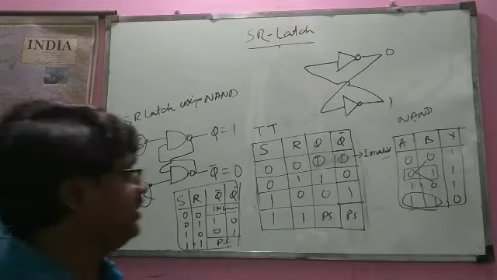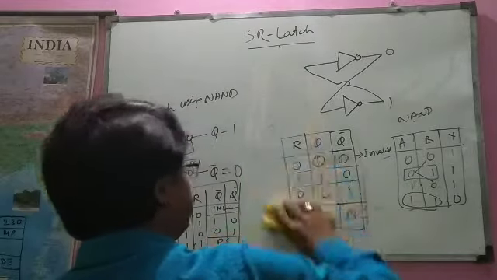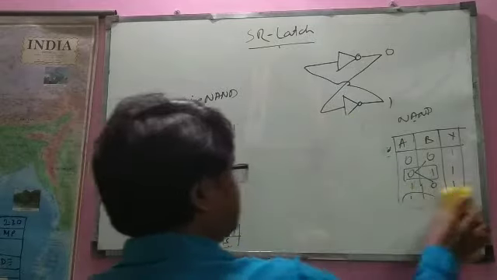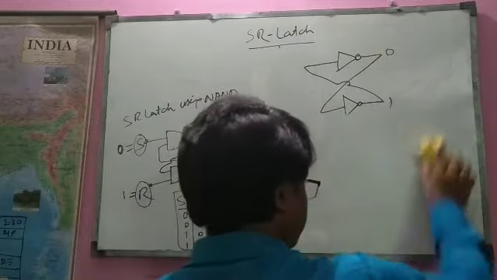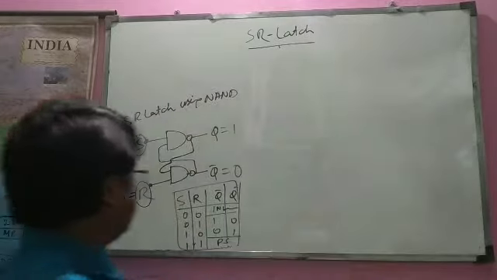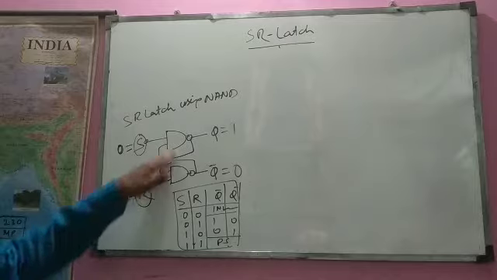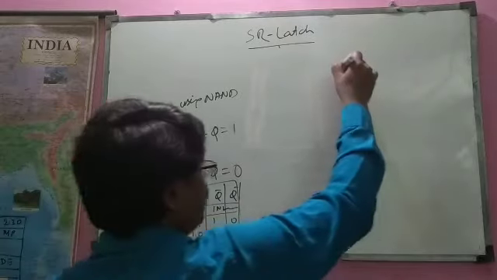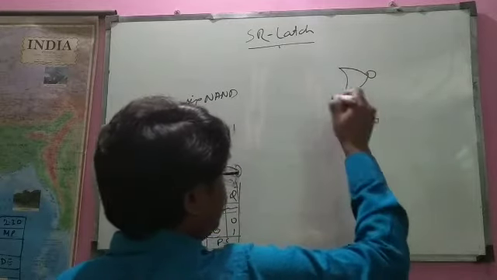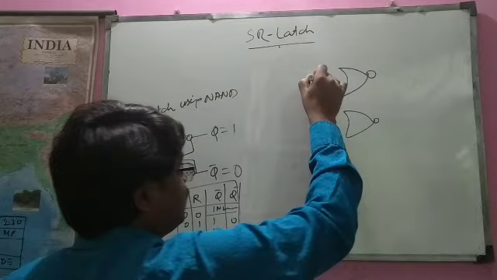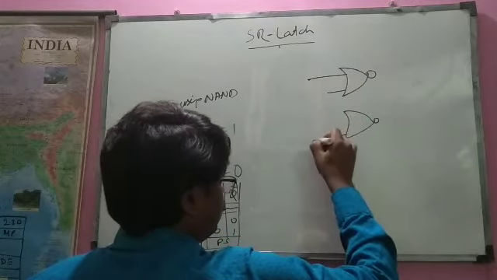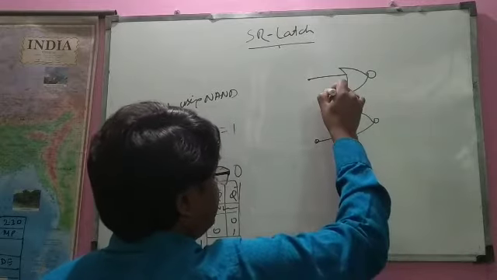Okay, now we will see the SR latch using NOR. SR latch using NOR will be constructed in a similar fashion to this one. We will just replace this NAND gate with the NOR gate. Okay, so it is NOR. We have taken two NOR gates, and each also has two inputs.